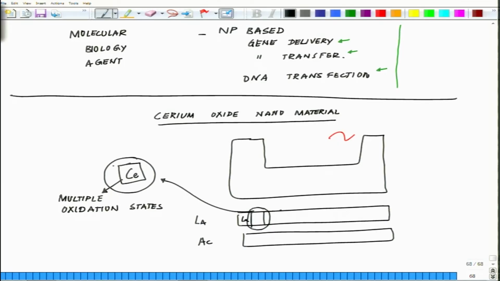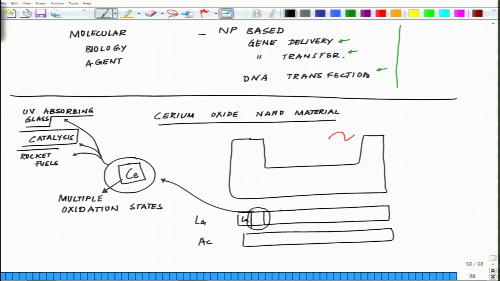The areas where cerium is used are in catalysis, in rocket fuels, in UV absorbing glass, so they find application in space research, in automobile research, and some of those heavy engineering areas.